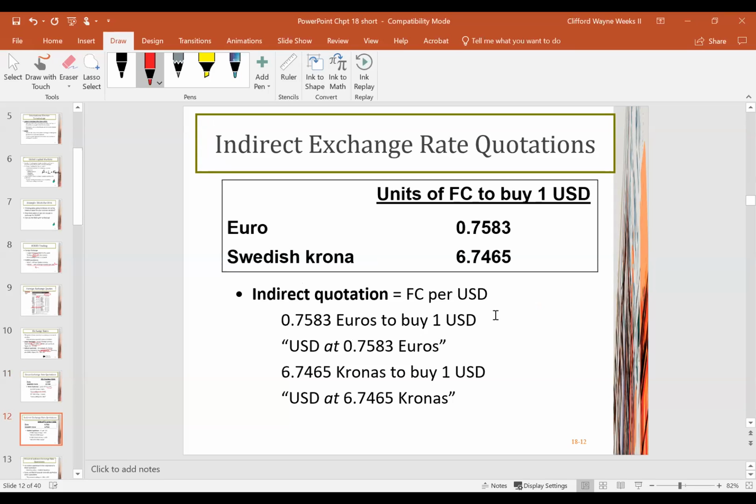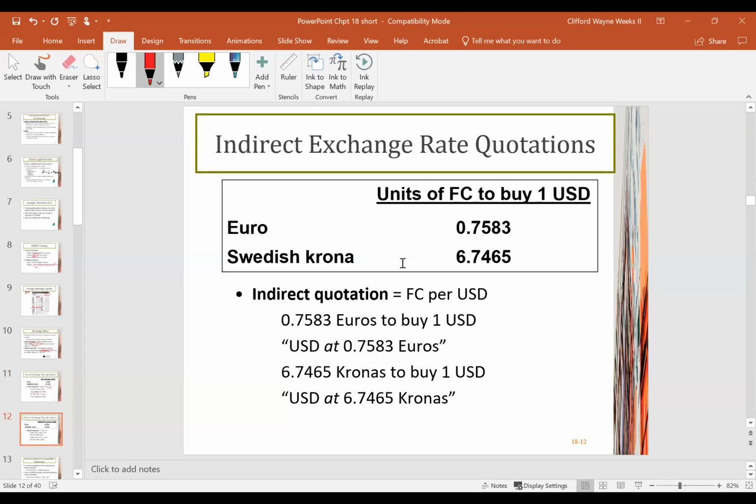And so the indirect exchange rates, so units of foreign currency to buy a US dollar. All we'd have to do is flip the transaction that we had done. So indirect quote is the foreign currency per the US dollar.